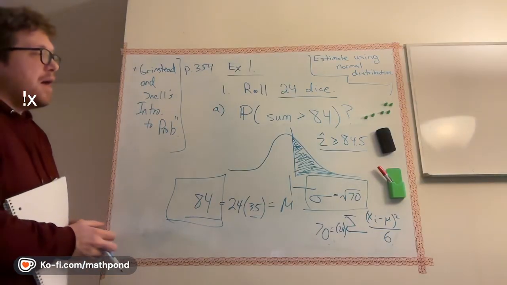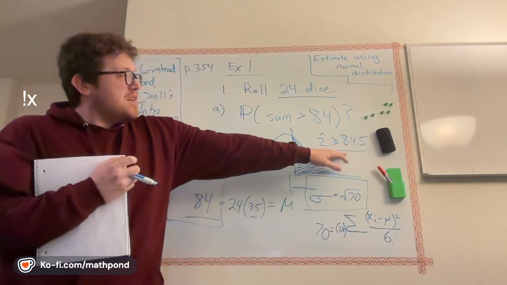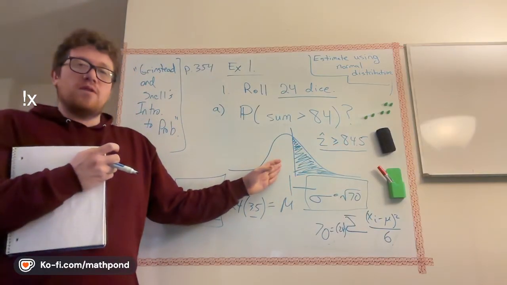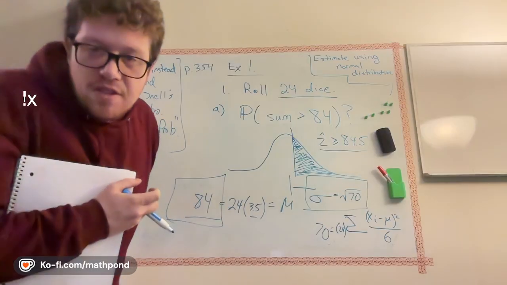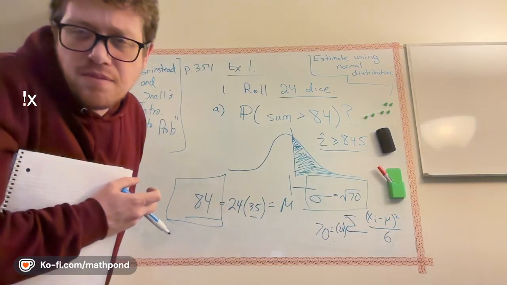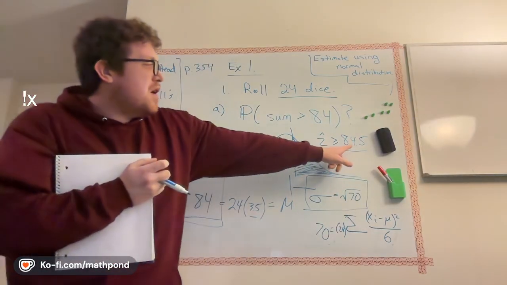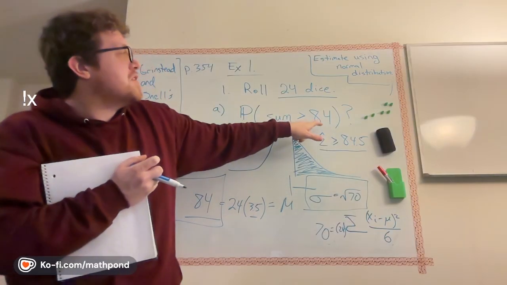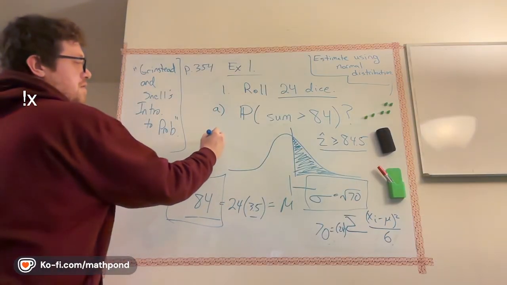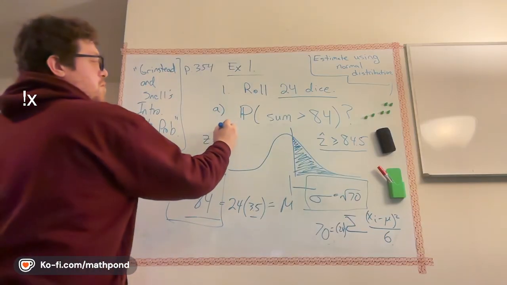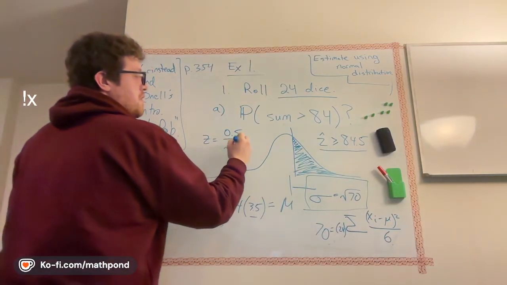All we want to do is normalize to get to the standard normal variable here. That will be what Jeff is doing there. Using the error function, you use 84.5 minus the mean, which is 84. So you're going to get an actual z-score of 0.5 divided by the standard deviation, square root of 70.